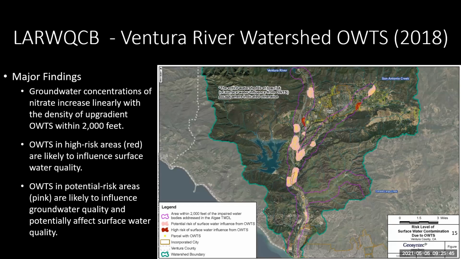And maybe you can help me understand if there is any surface water infiltration that might be influencing that pink area from the Los Padres National Forest, or if that's even on your radar. Thank you.